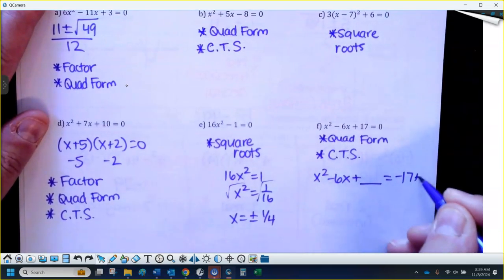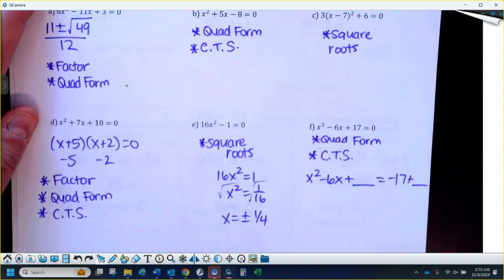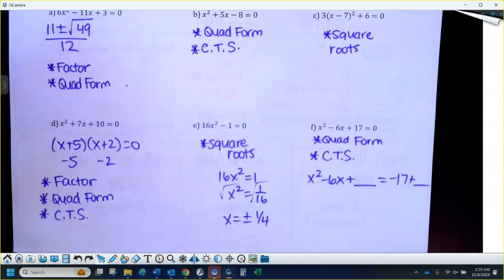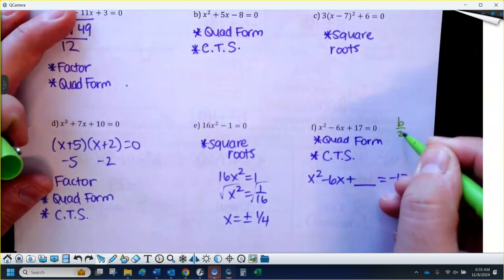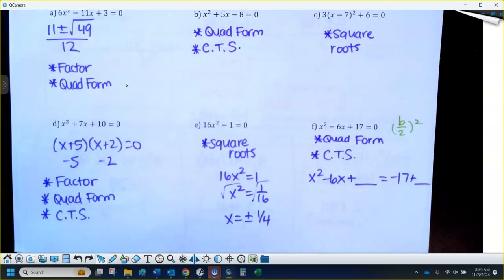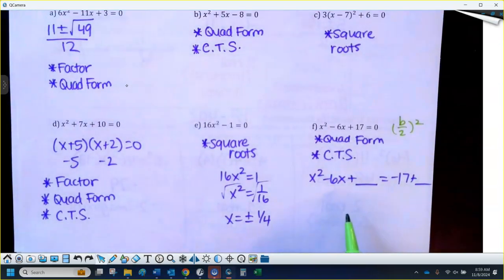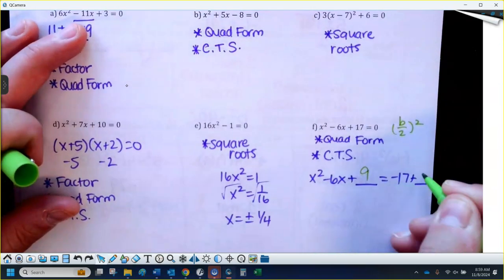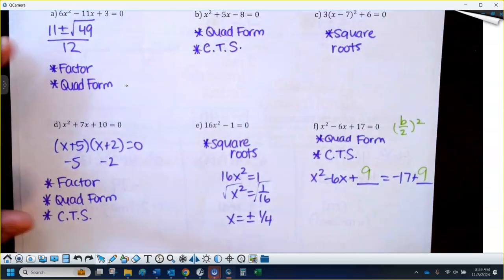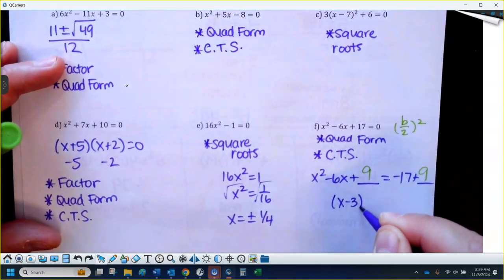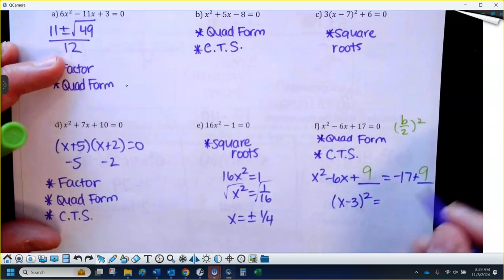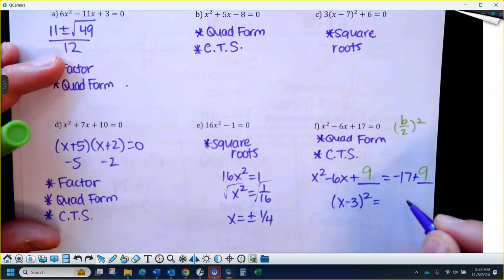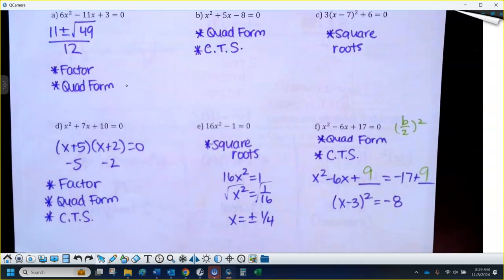We would just move the 17 to the other side, and then to complete the square, you grab the b value divided by 2, squared. Here I'd have -6 divided by 2, which is -3, squared. So I would add 9 to both sides, and this would turn into x minus 3 squared equals -8. And then I would just take the square root.